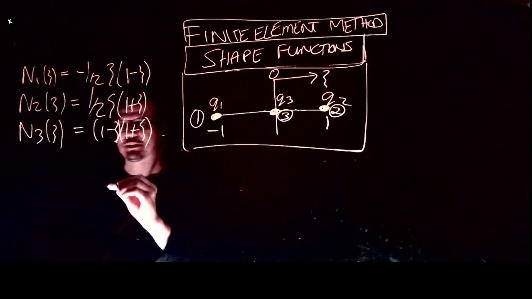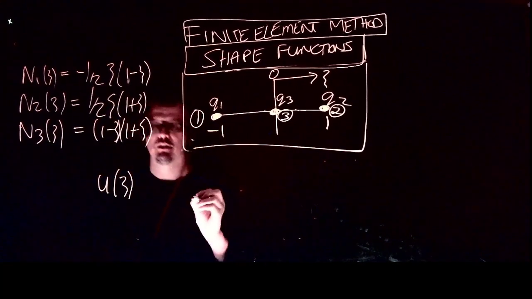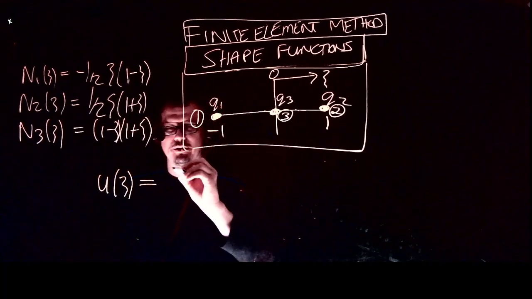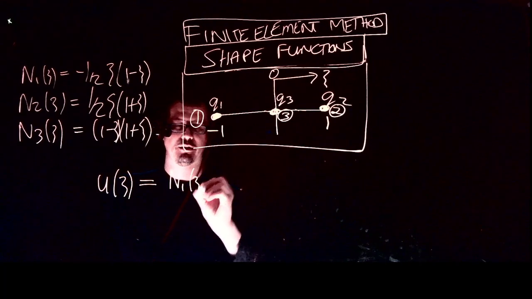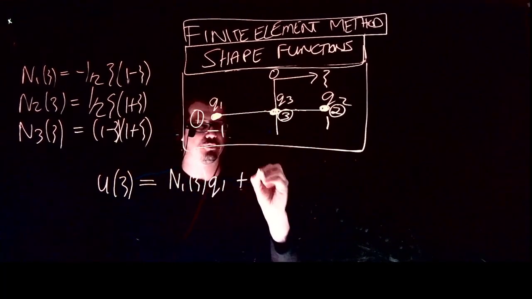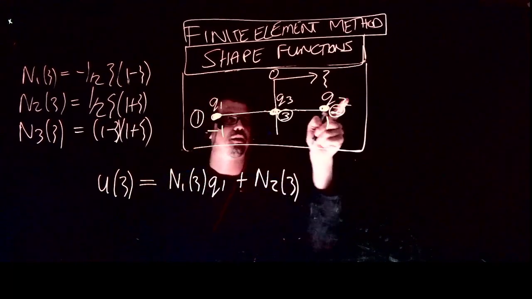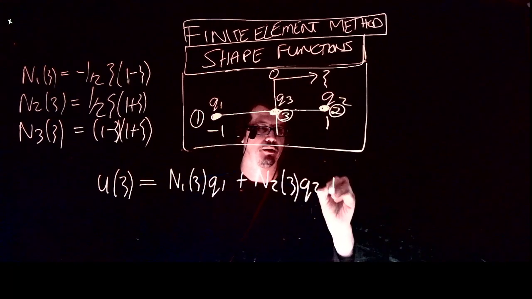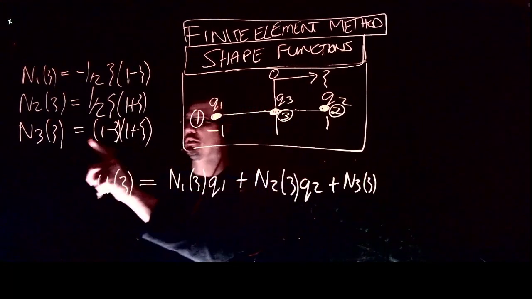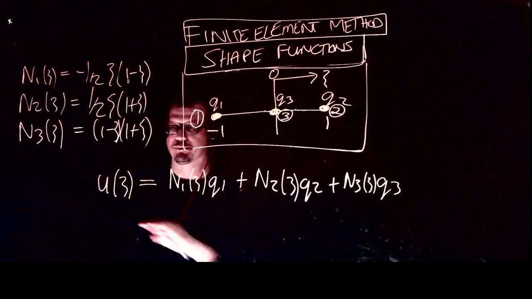I can say my displacement field, which I'll now write as a function of psi, I can write as follows: N1 multiplied by its unknown, N2 multiplied by its unknown, N3 multiplied by its unknown. And there's my displacement field here.